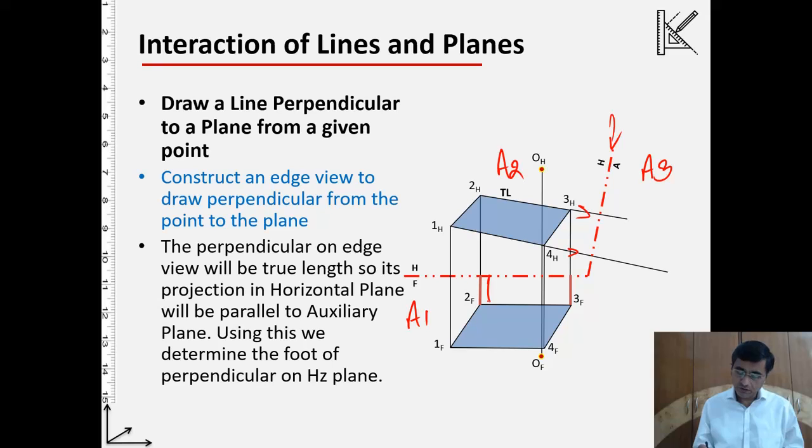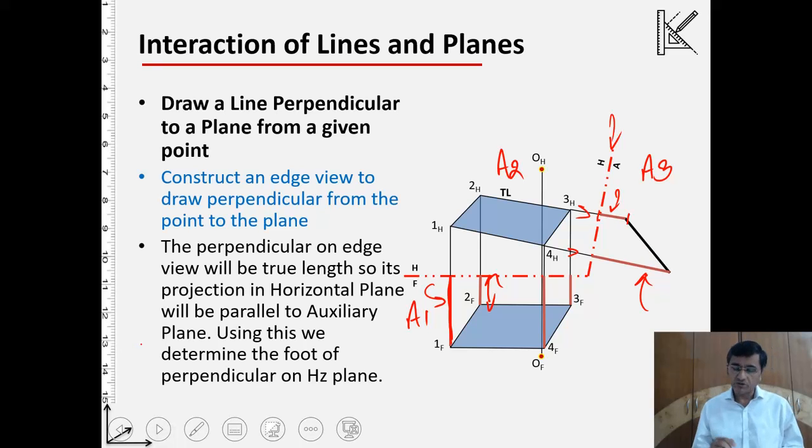So the distance here I put over here. Then this distance from the hinge to the points 1 and 4, I apply it here. Then I join the ends, so I have got the edge view of the plane with me.